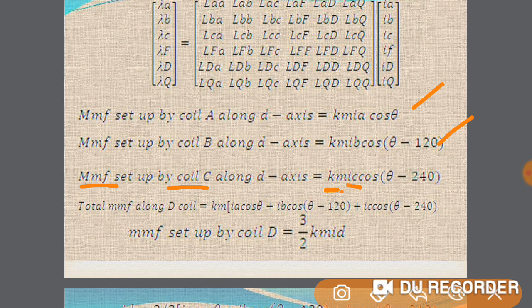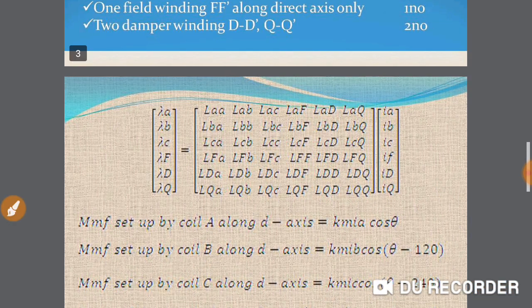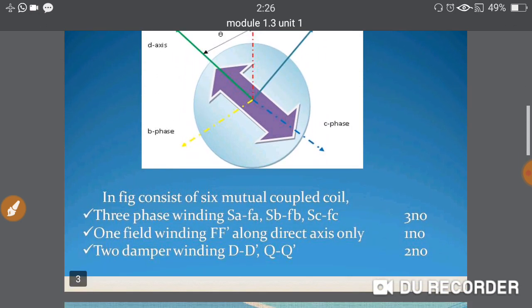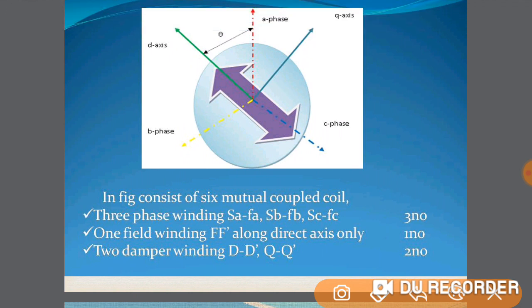I now becomes Ic for coil C, and now this cosine, you can see, is cos theta minus 240, because the displacement of theta we are calculating with respect to coil A. So again I will just make it clear from this diagram that if you see here the A phase and the C phase, A phase is lagging B phase by 120, whereas now we are talking about the C phase, so it becomes 120, 120, 240.